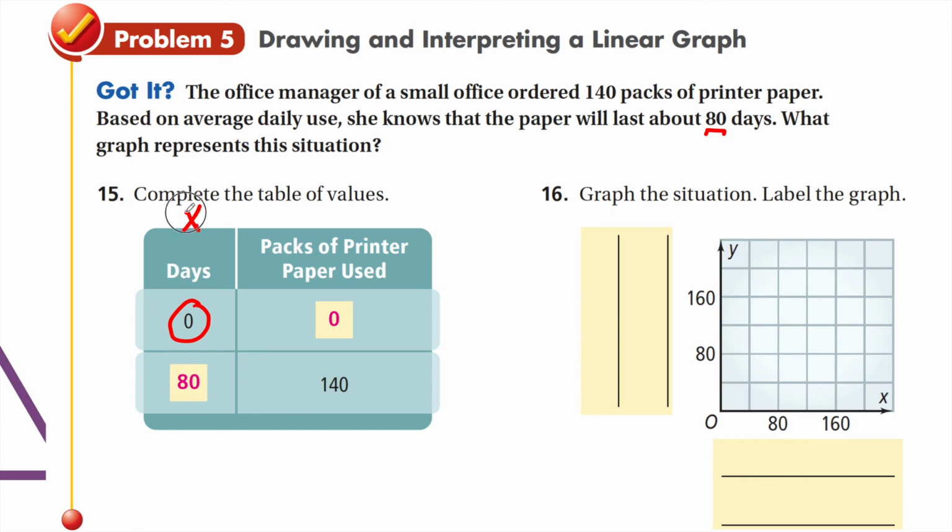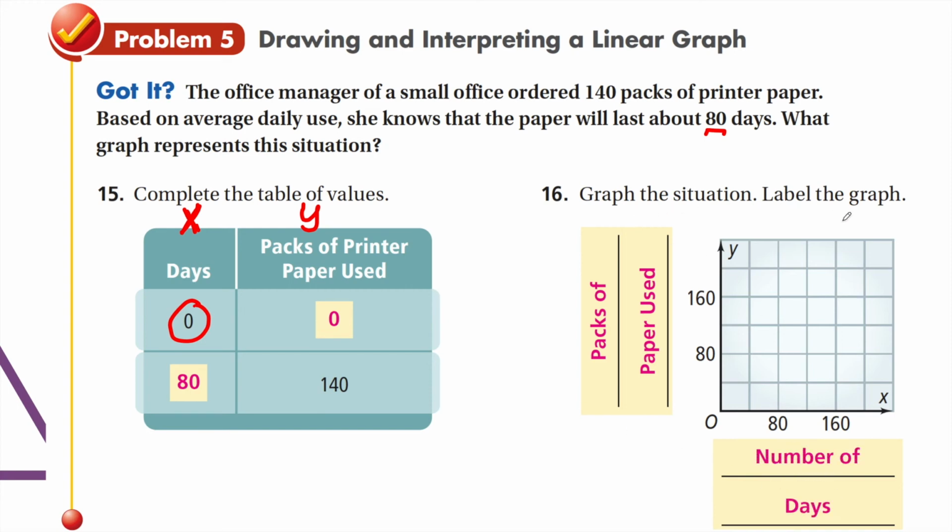Normally, the tables are represented based off of the X and the Y right off the get-go. So the X values are going to be represented by days, whereas the Y values are going to be the packs of printer paper used. So if I were to write the Y title, which would be packs of printer paper used, I'm going to write that down the left-hand side that you see, and on the bottom will be the X title, which is going to be represented with days, or number of days.